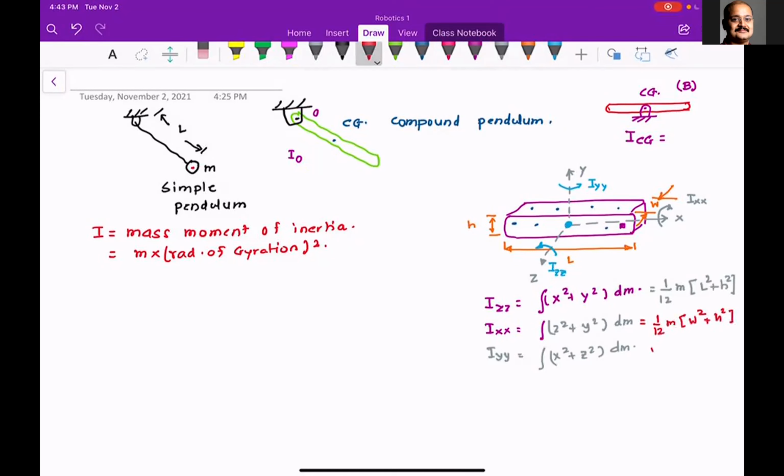If you look at IYY, the dimensions are L square and W square. So for a slender rod, these are the moments of inertia. Everyone understood this? Any question here?